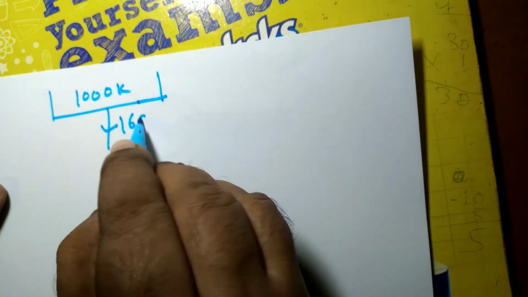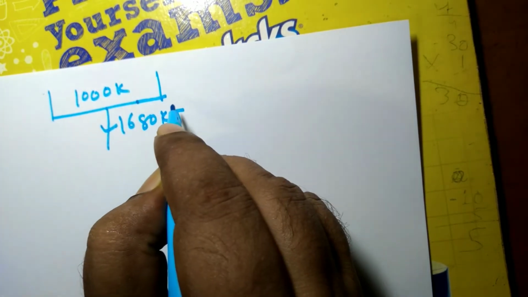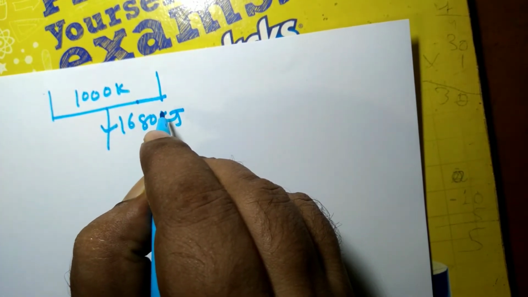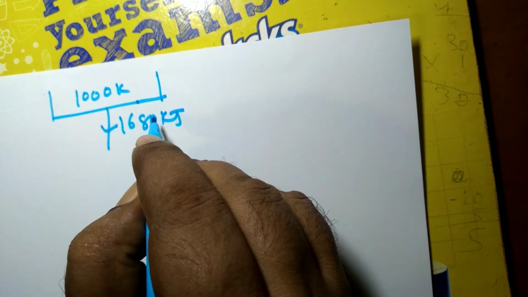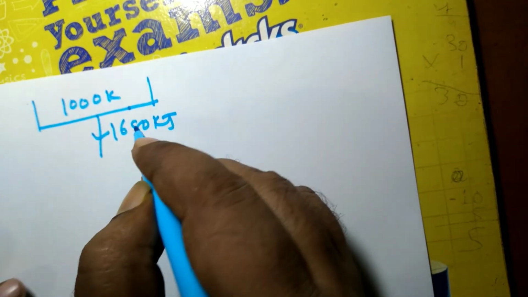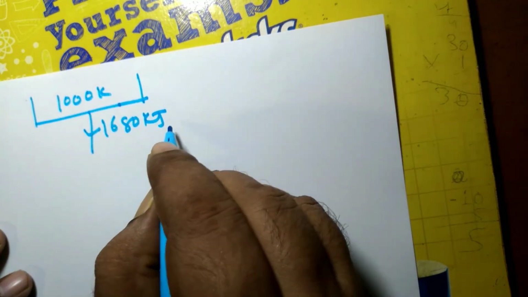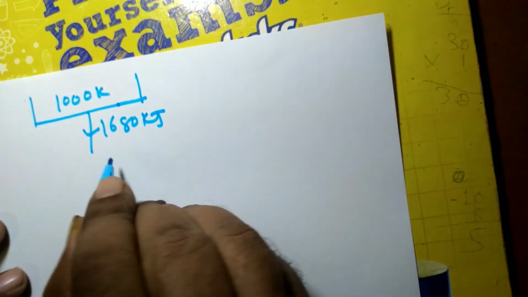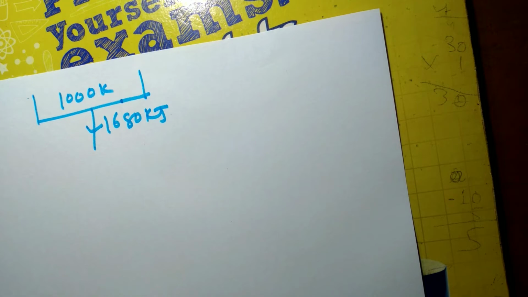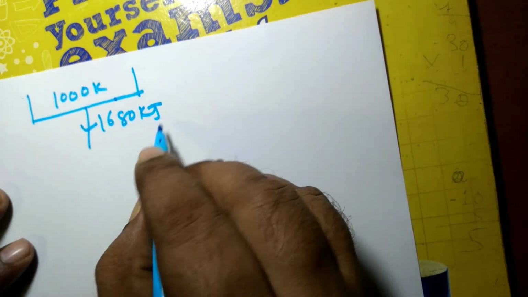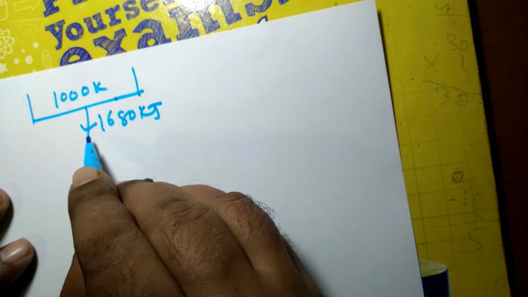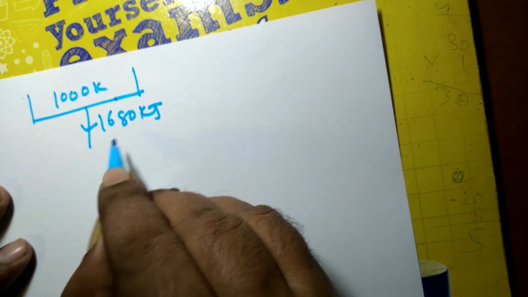So in the same diagram, suppose this is 1000 Kelvin and this is 1680 kilojoule. So if the engines deliver equal work, the heat input is this much, 1680 kilojoule.